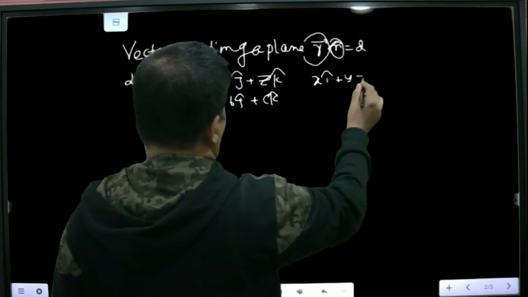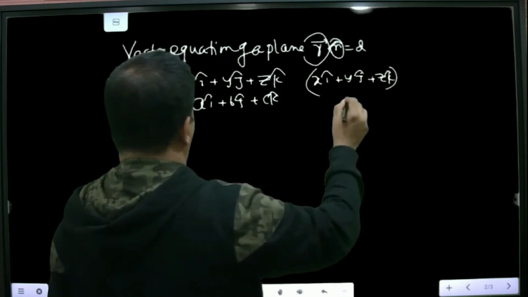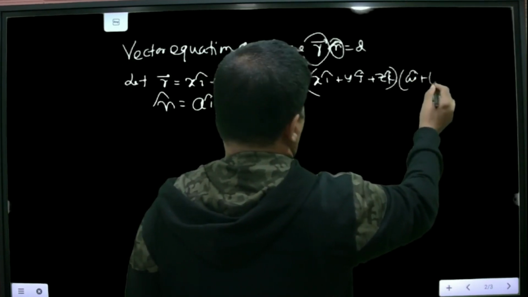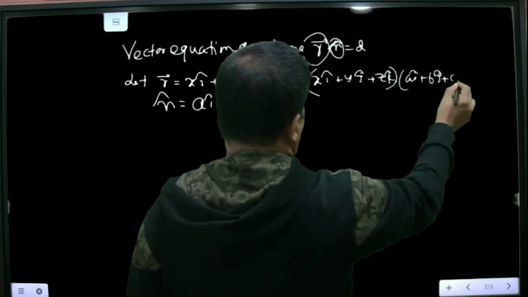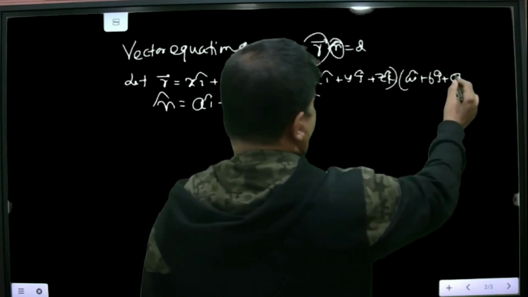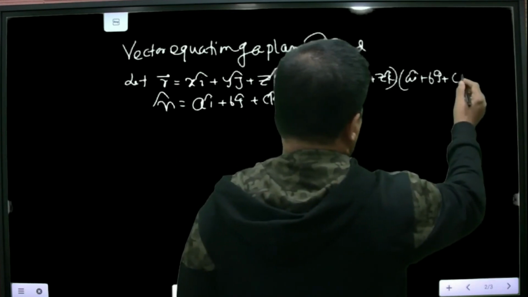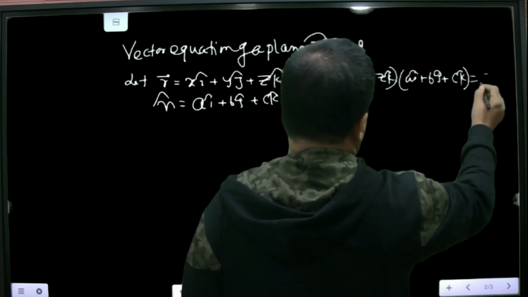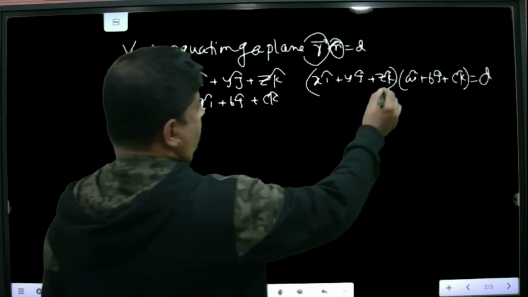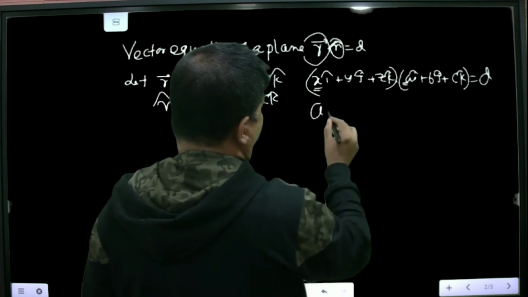Xi, Yj, Zk dot AI, Bj, Ck is equal to D. Now it is a dot product, so the corresponding components will be multiplied.